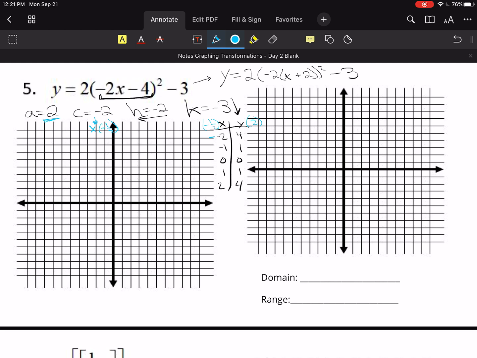So I would get positive 1, positive 1/2, 0, negative 1/2, and negative 1. For the y's, I would have 8, 2, 0, 2, 8. Okay, so graphing that, I have 0, 0, 1/2, 2, and then 1, 8.